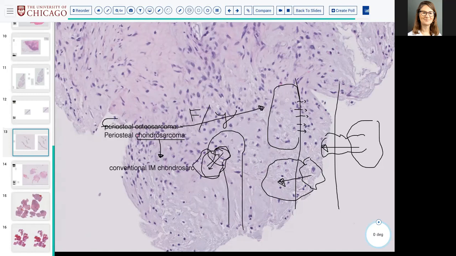Generally, this is also going to be a little bit more cytologically atypical. So we're not in the right age, we're not in the right site, and we slightly don't have the right morphology for periosteal osteosarc. But certainly a periosteal chondrosarc or a conventional intramedullary chondrosarc are the options.